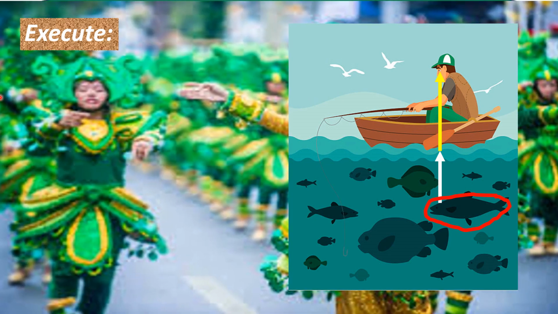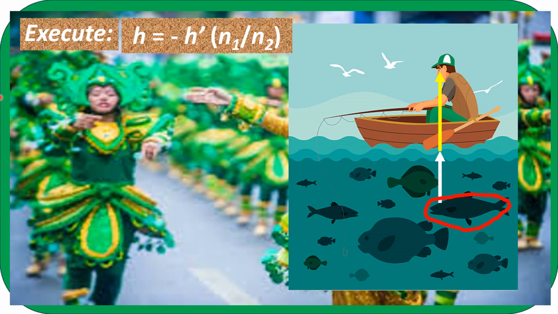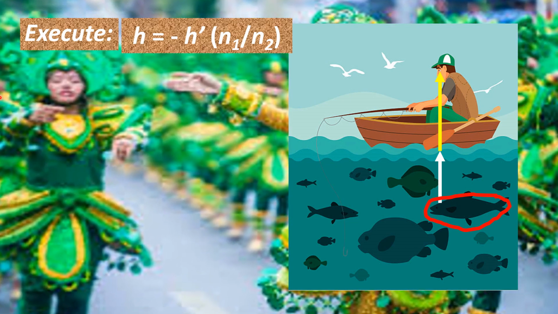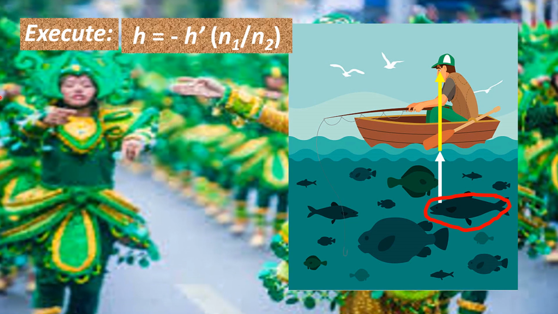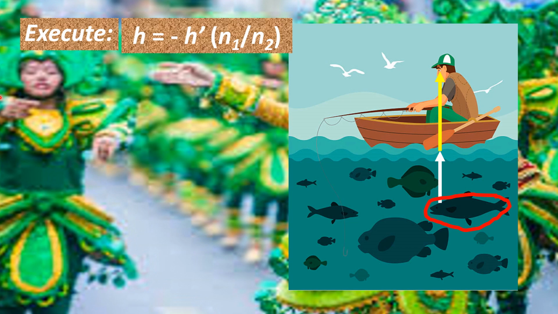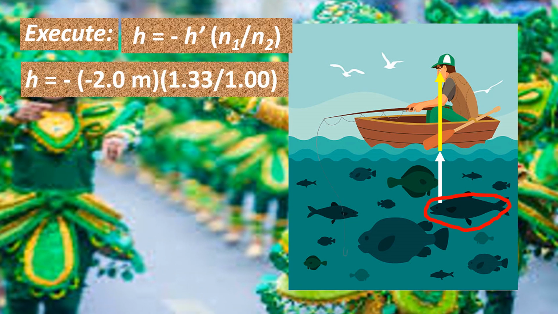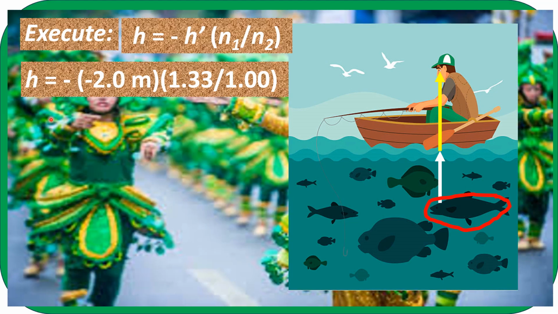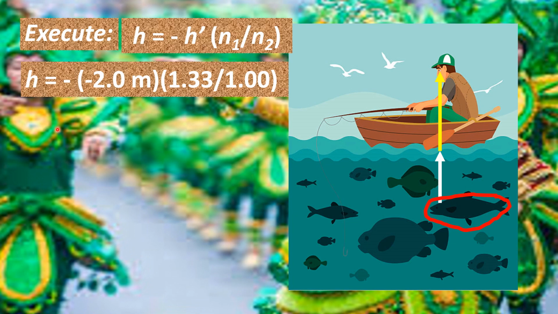Executing our working equation, we find that h is equal to negative h prime multiplied with the ratio of n1 over n2, or h is equal to negative quantity negative 2.0 meter.